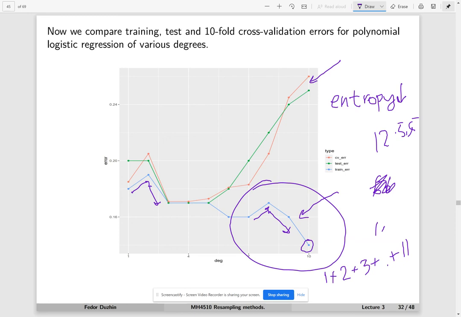So if there are too many predictors for a linear regression, then it just wouldn't work. If the number of predictors is more than the number of observations, then a linear regression just wouldn't work. Logistic regression would still kind of try to work, but it would report a warning.